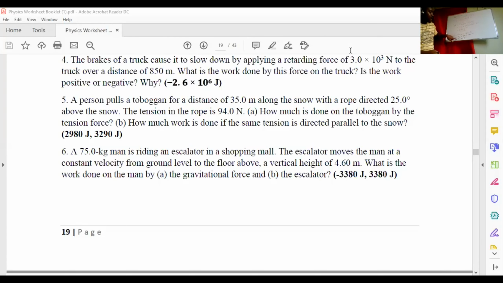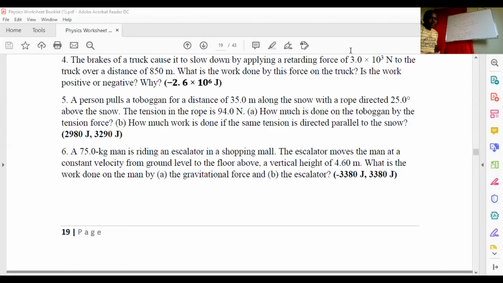We notice that we did more work when it's parallel than when it's at a 25 degree angle. And that was from the first part of the lesson, right? When it's parallel, you do more work with the same force than if you create an angle between the force and the distance. All right, so that's clear?